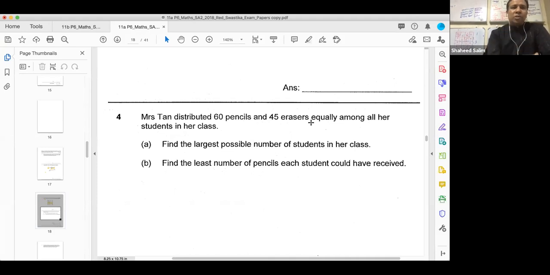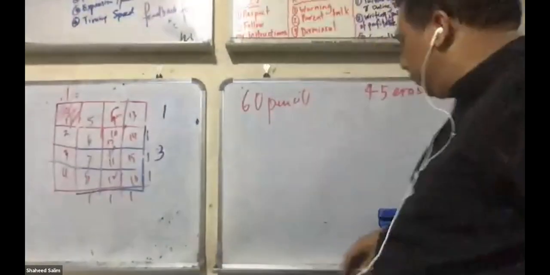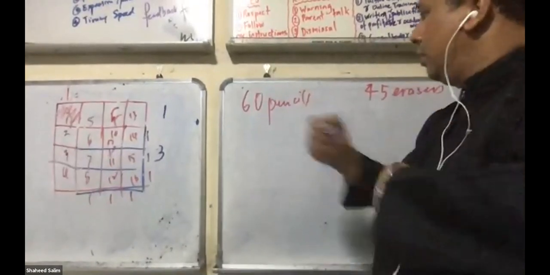If there's 1 student, that student gets all 60 pencils and all 45 erasers. 2 may be possible for pencils, each one gets 30 pencils, but for erasers, 45 cannot be divided by 2. So 60 must be divisible by the number, and 45 must also be divisible by the number. So we now find the factors.